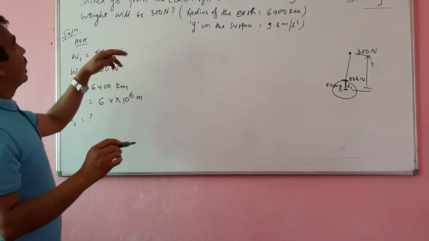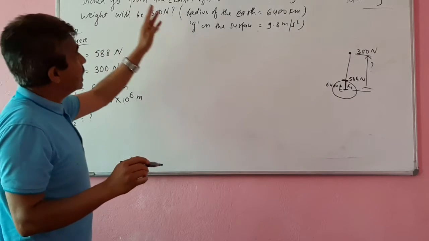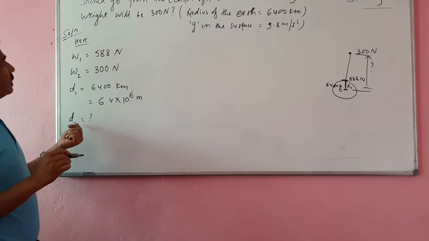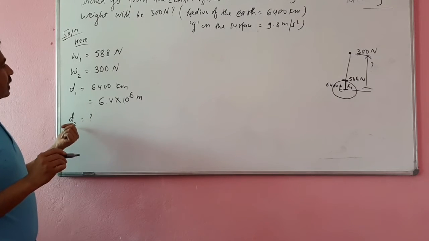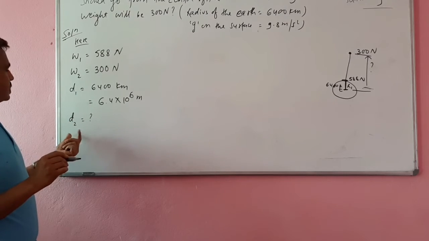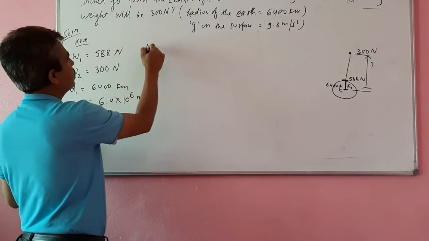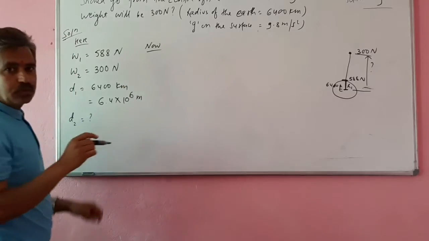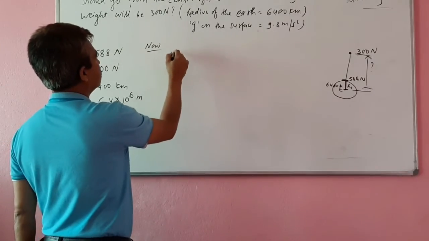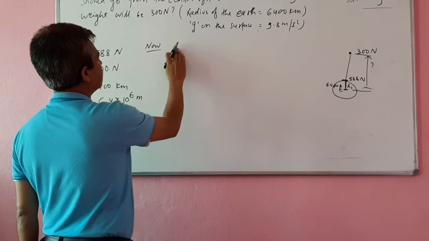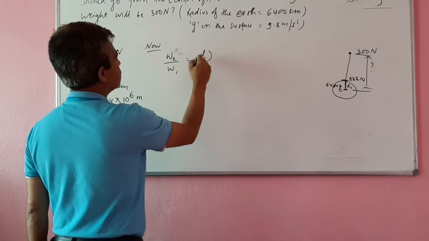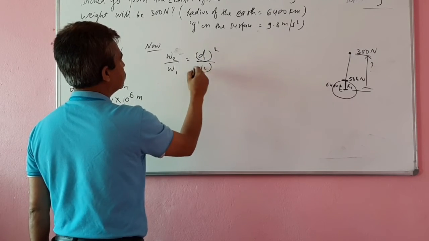The question says how far you should go from the center of the earth. But if the question says how far you should go from the surface of the earth, then you have to calculate x and the formula will be different. Here, from the center of the earth, it means D2. Such a type of question was done earlier. Do you remember the formula? The formula is W2 by W1 equals D1 square by D2 square.